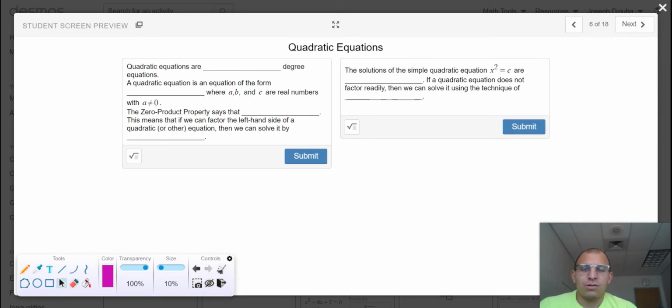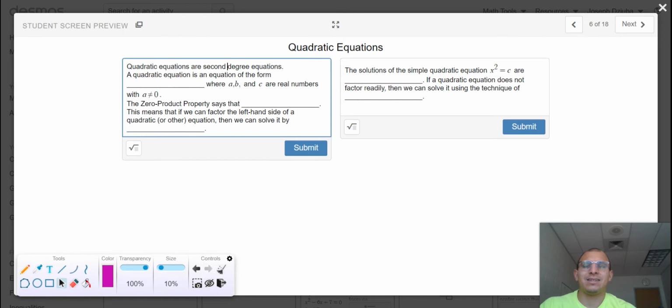And now we enter the world where things have gotten just a tad bit more complex. Quadratic equations are second-degree equations.